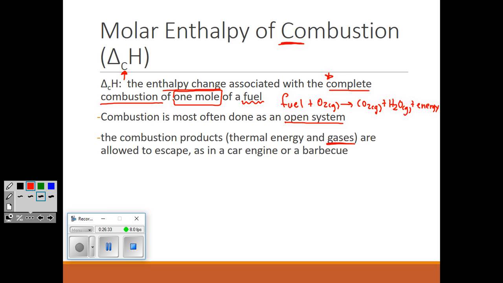So essentially, whatever is burning is not inside of a sealed container, but rather there is some sort of outlet through which heat and through which gas could escape, like a car engine, like a barbecue. Almost all the time, combustion will be in an open system. Sometimes we'll see the opposite of this, a closed system. And in fact, one of the questions in the assignment for today mentions it, and then we'll do a lesson on it a bit later on.